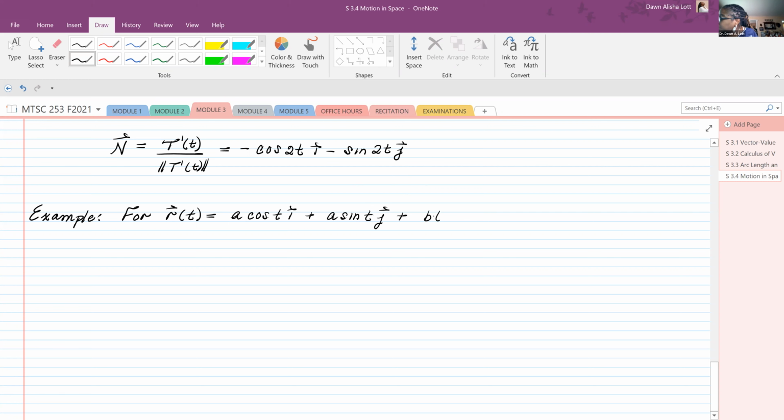This is the helix that goes around in a circle but lifts up as it's going. So they tell us a and b are positive or 0, and they're not both 0 at the same time.